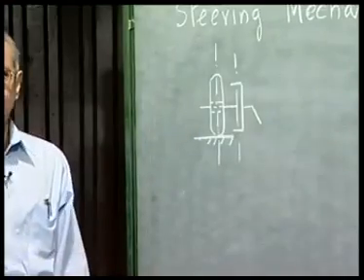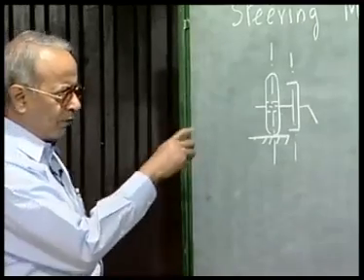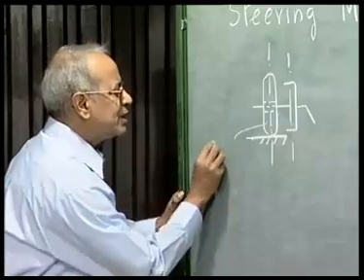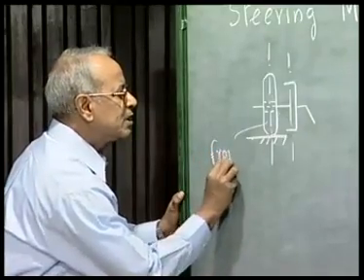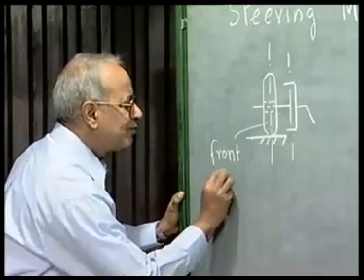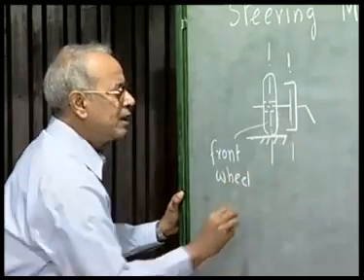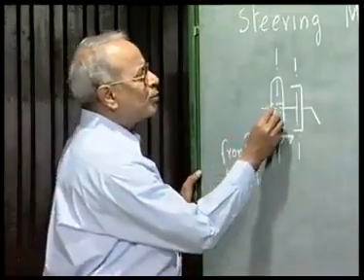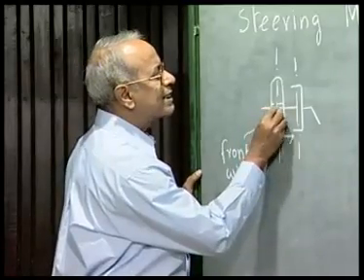Let us say this is the front view of one of the front wheels. As we see, the front wheel is normally mounted on a short axle.